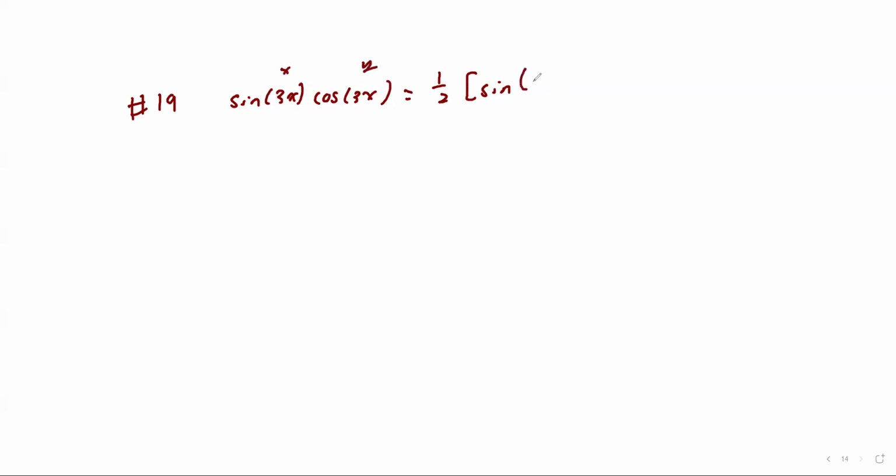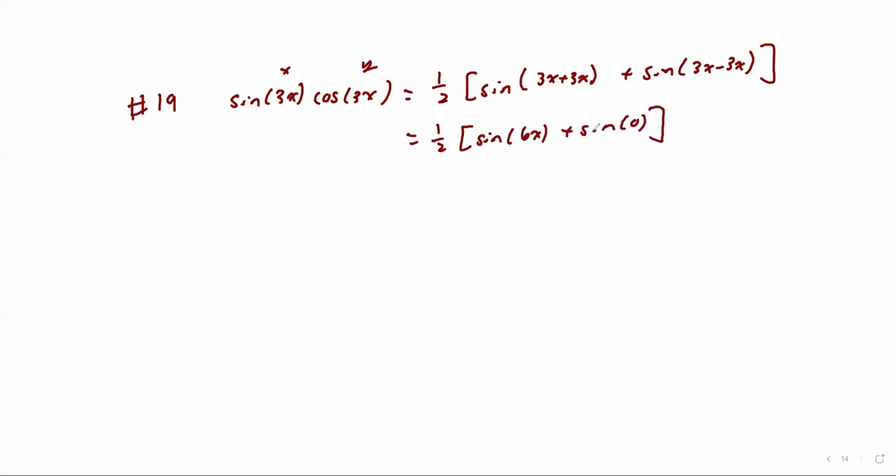So this will be sine of 3x plus 3x plus sine of 3x minus 3x. So when we work through this, this is 1/2 of sine of 6x plus sine of 0. We know sine of 0 is equal to 0. So really, we just have 1/2 of sine 6x.